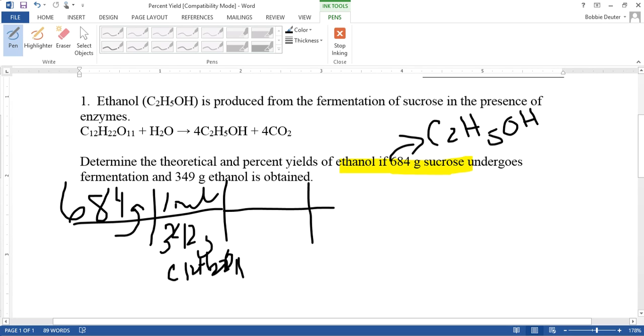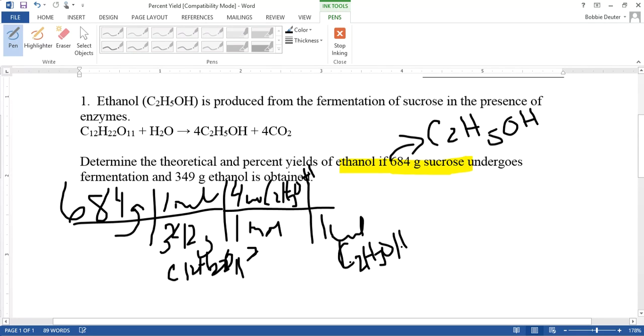Now we're going to go 1 mole of sucrose is equal to 4 moles of ethanol, C2H5OH. 1 mole of ethanol, C2H5OH, has a molar mass of 46 grams.